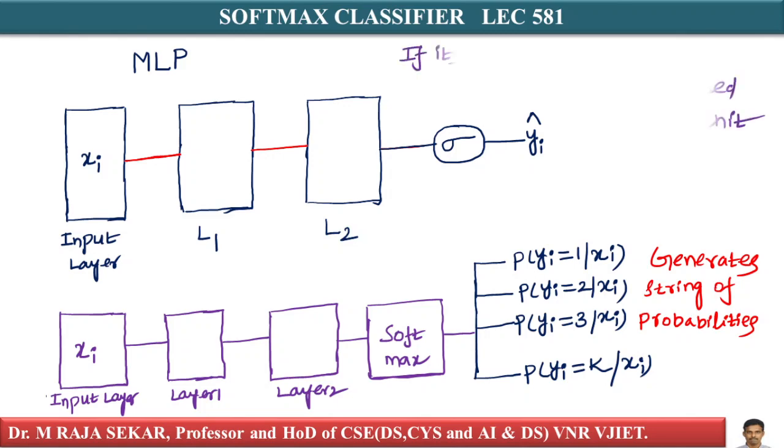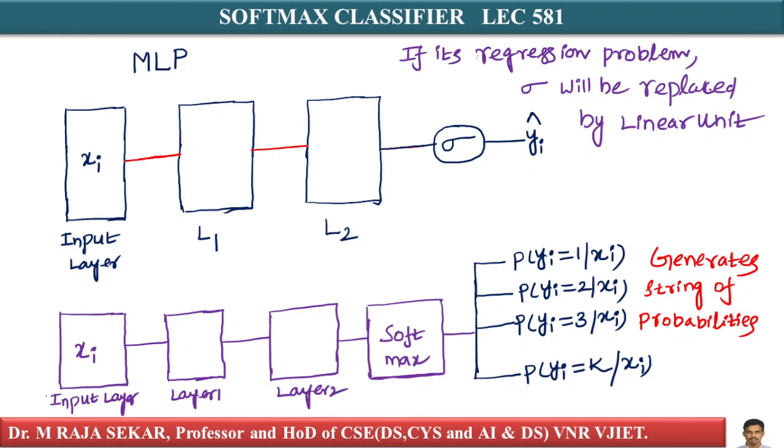Imagine if it's a regression problem, what happens? Instead of sigmoid, what will you do here? I will give the output whatever I get. I can just make it a linear unit. What is a linear unit? F of z equal to z.